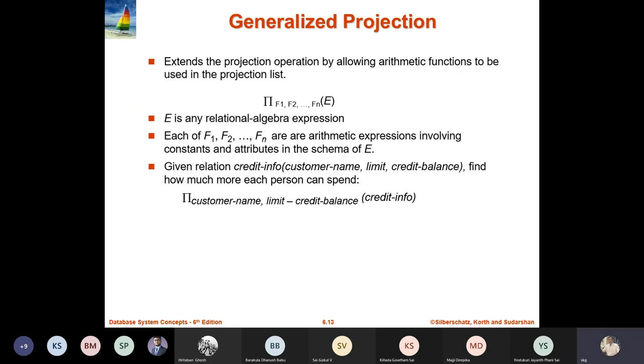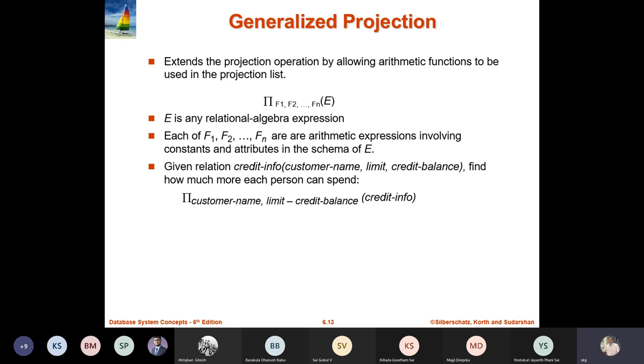In case of generalized projection, we extend the projection operation by allowing arithmetic functions to be used in the projection list, like pi F1, F2, Fn of E. These are the functions. As of now, what we have seen is pi A1, A2, An, the fields you want to project out.